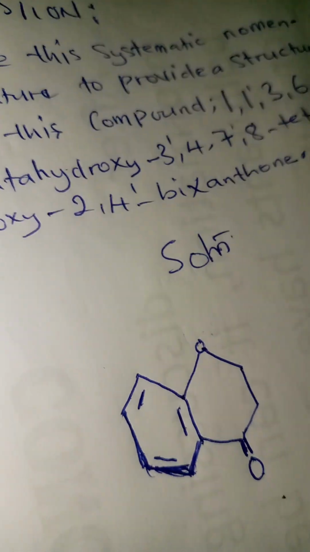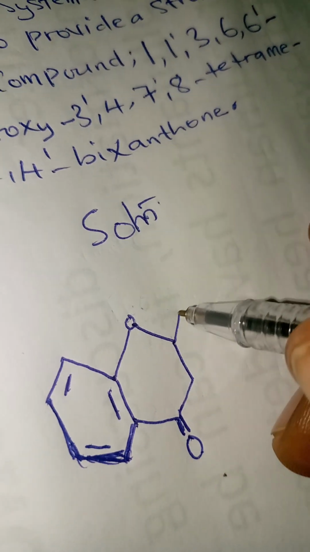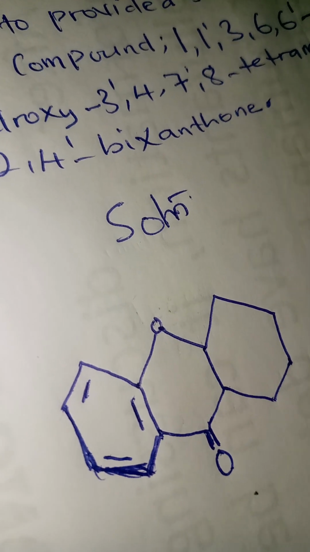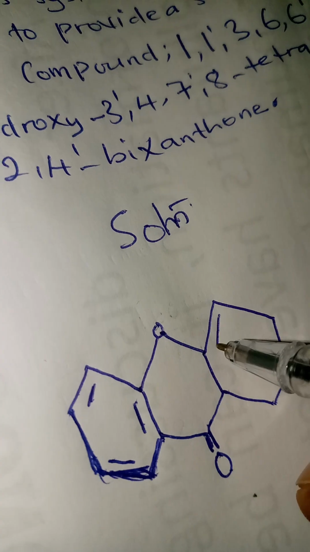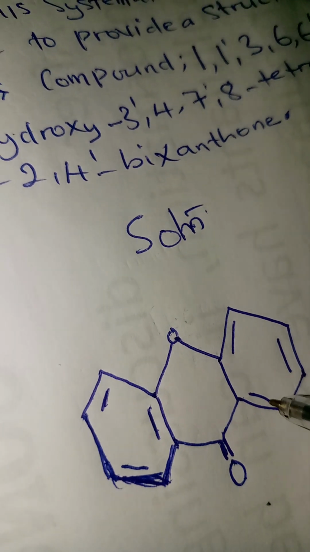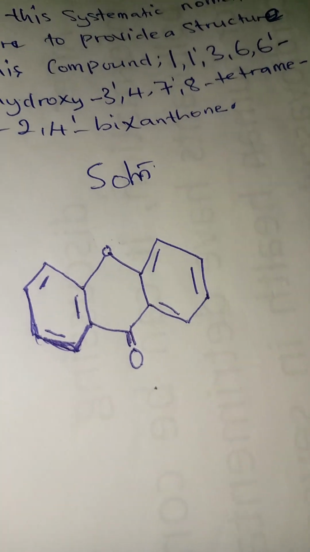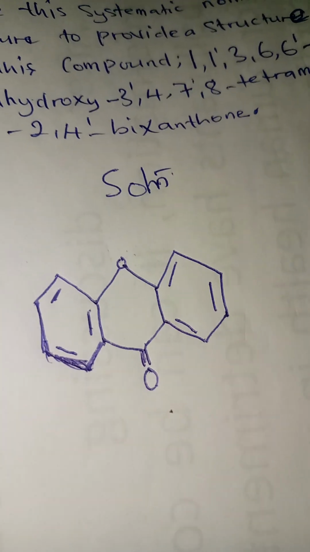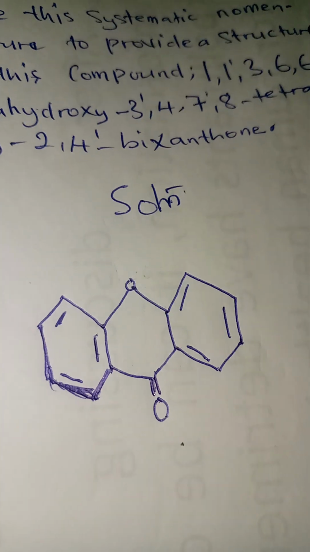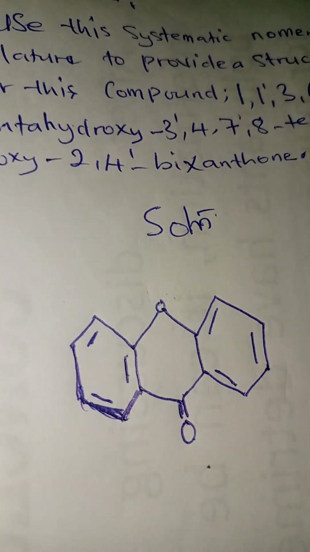There's another benzene ring on the other side. This is what we mean by a xanthone: a pyrone ring in the middle, and two benzene rings at each side of the pyrone. This is a xanthone ring.